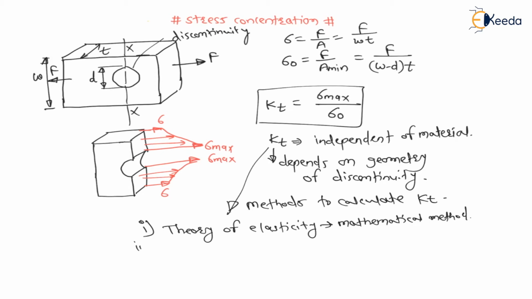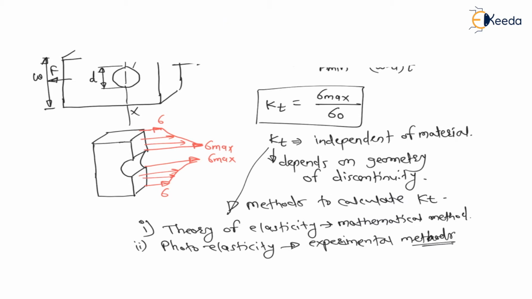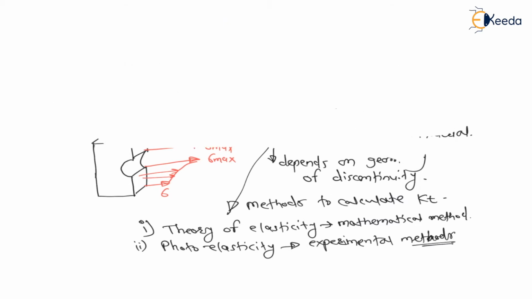The other method is photoelasticity, which is an experimental method. With the help of experiments we calculate Kt, the theoretical stress concentration factor. Now we will see the stress concentration factor for an elliptical hole. In this lecture our target is to see this theoretical stress concentration factor for an elliptical hole.